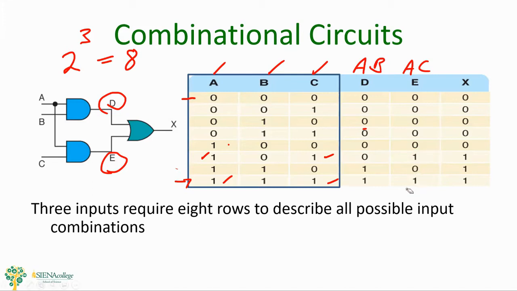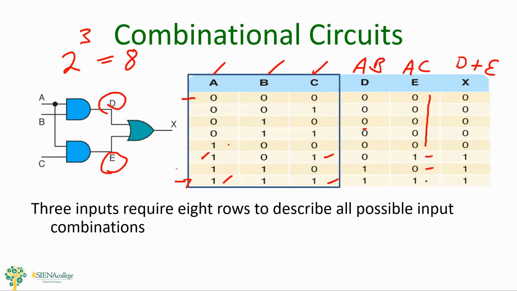And OR says we're going to be true if one or both of the inputs are on. We're going to look now here at columns D and E. So D or E. And as we look our way down, we'll see that we don't have anything on or true in any of these rows.